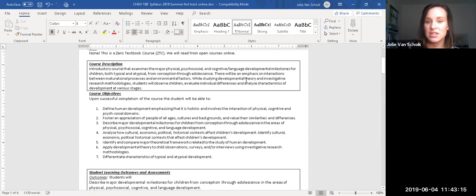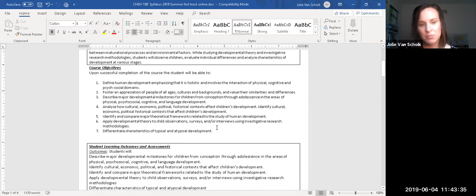So we're going to be looking at different theories and methodologies as well. These are some of the course objectives, things that we want you to be aware of before you finish or pass the class. So we want you to know about what children do, what milestones they have, what theories inform how we think about children, and then what's typical and atypical development.